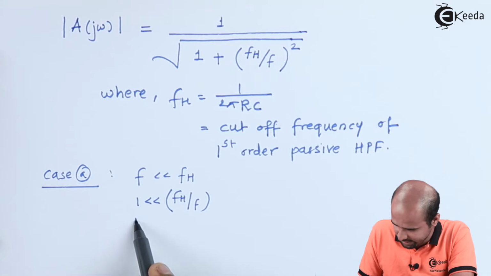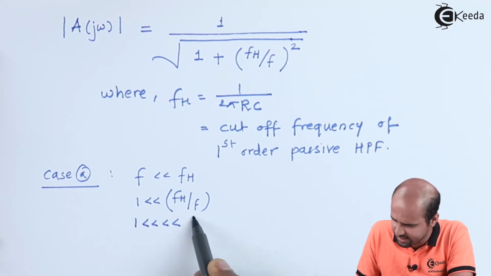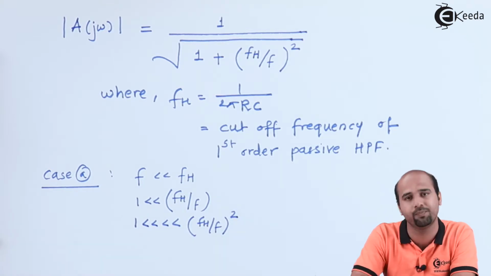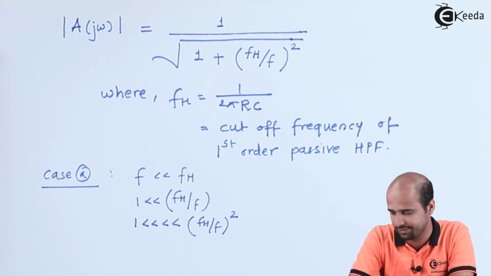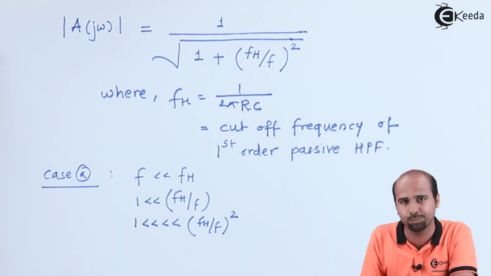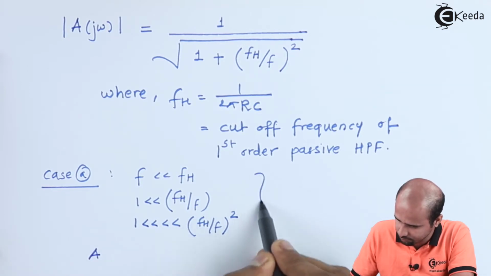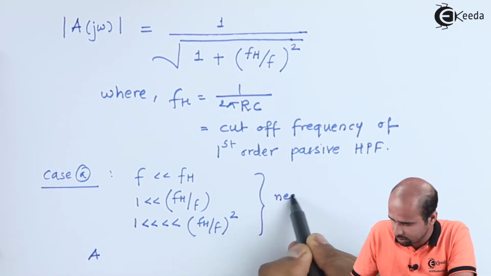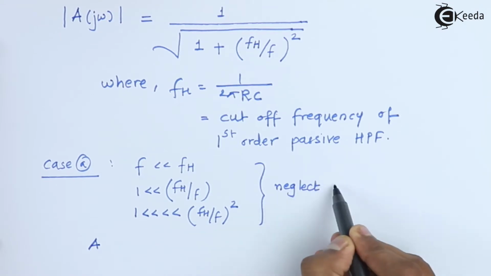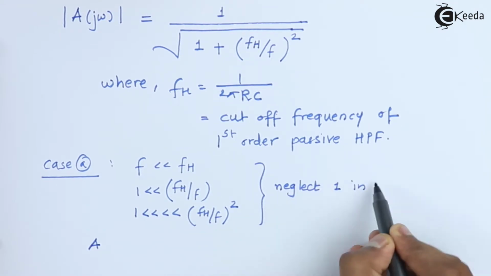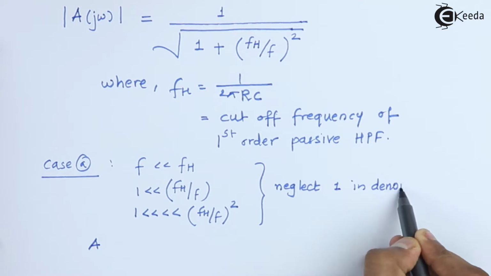I can also make a statement that 1 is much less than fh divided by f the whole square. Is that clear to you all? If this is so, I can neglect this one part, and we can make a statement that we neglect 1 in the denominator.